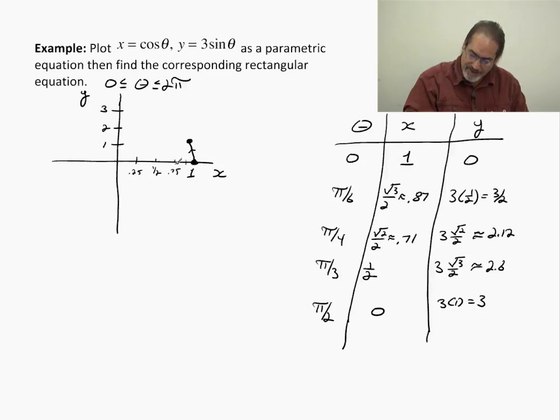When x is 0.71, which is roughly in here, y is 2.12, so that's just a little bit more than 2, so I'm going to be roughly here. When x is 1/2, right here, y is going to be 2.6, which is roughly right in here. And when x is 0, obviously the origin, I'm at 3. I'm right here.